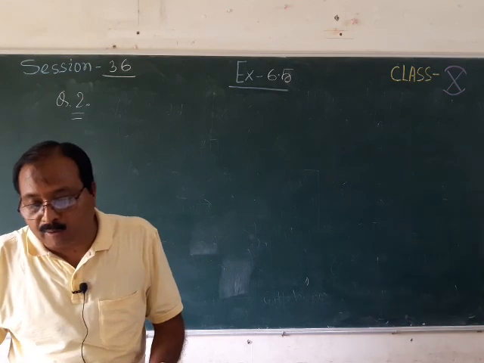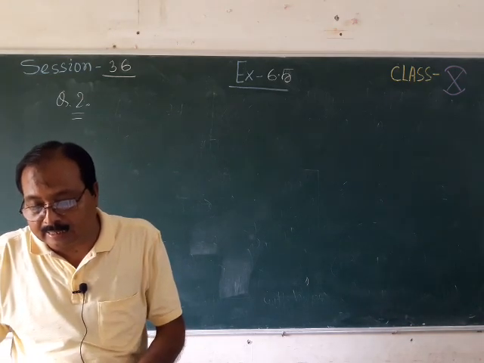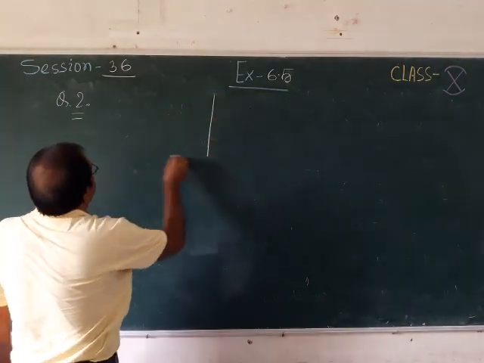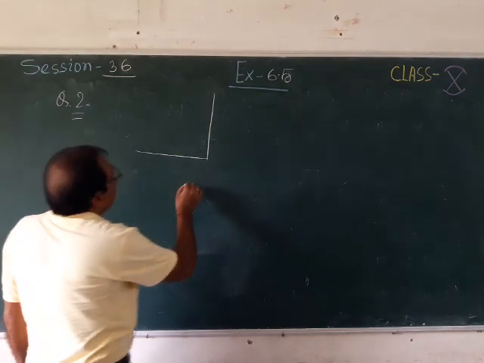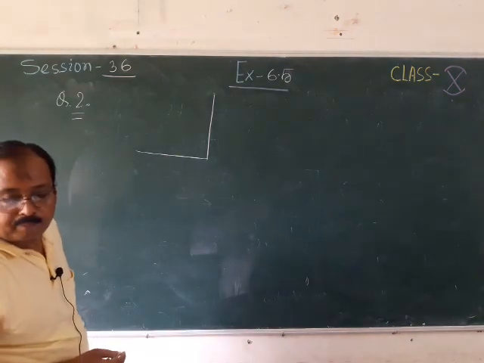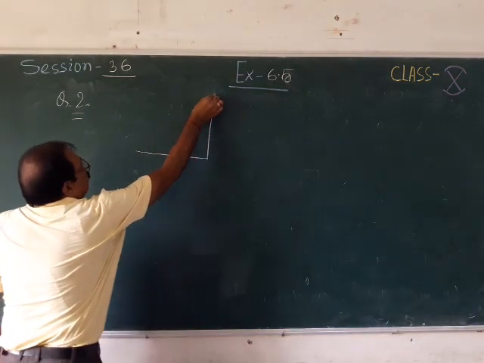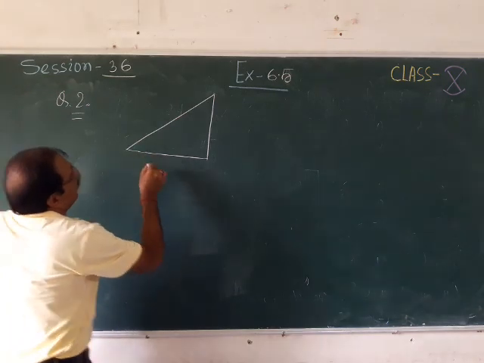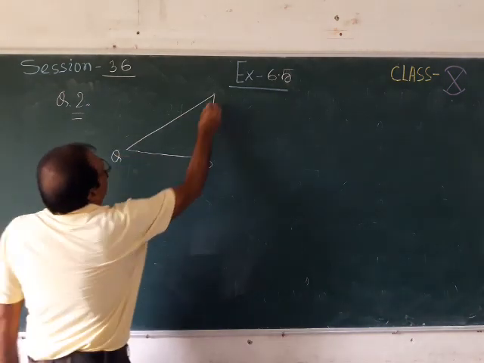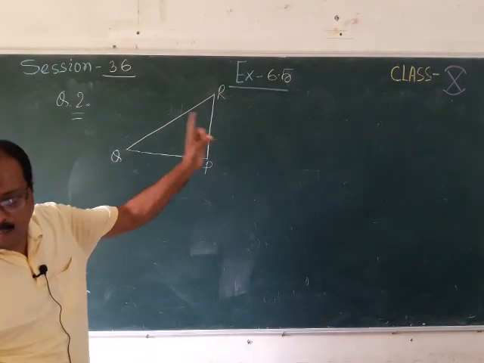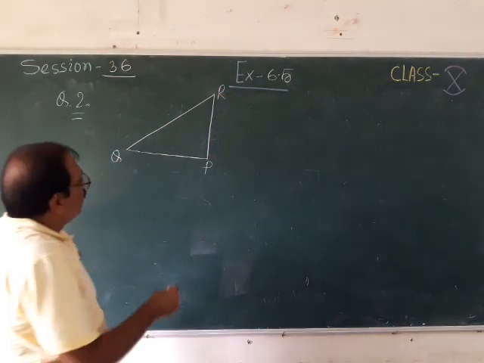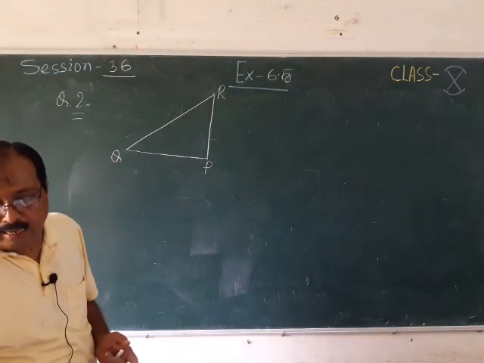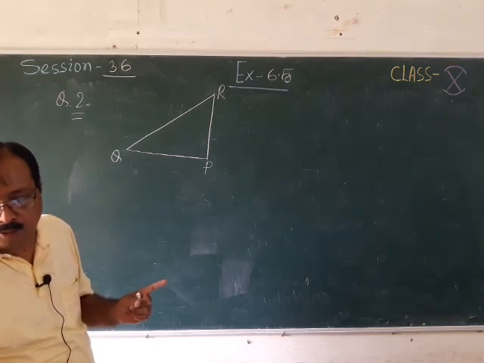Here PQR is a triangle, right angle at P. So I am going to draw a right angle triangle like this, and its name is PQR.